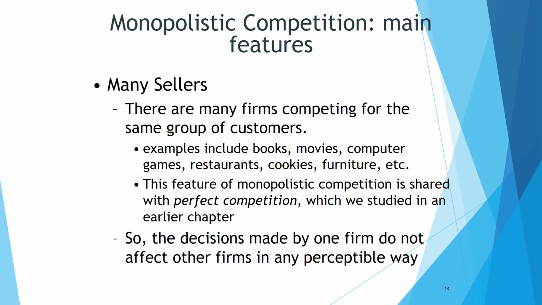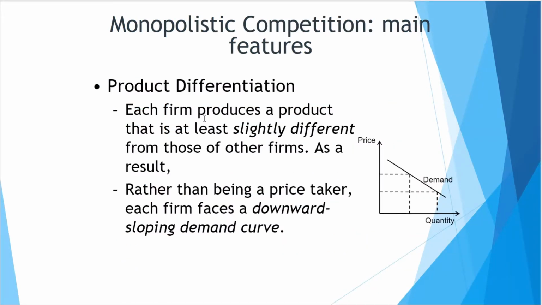So in perfect competition, if one firm lowers its price, it doesn't affect other firms because the price is set by the market. And this is sort of true also in the case of monopolistic competition. So going back to the point of product differentiation, each firm produces a product that is at least slightly different from those of the other firms, and as a result, rather than being a price taker, each firm faces a downward sloping demand curve.